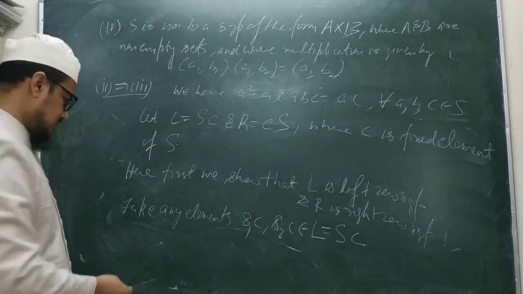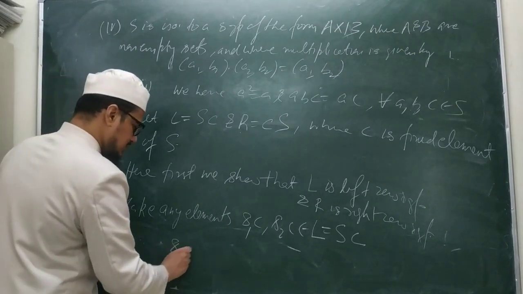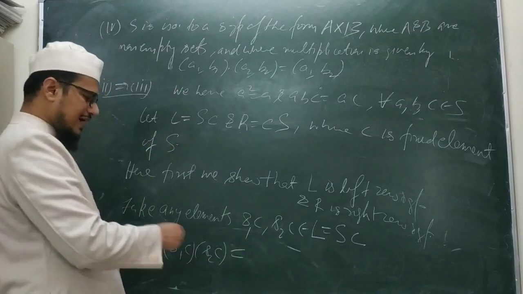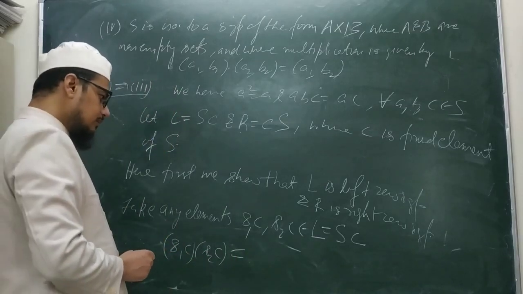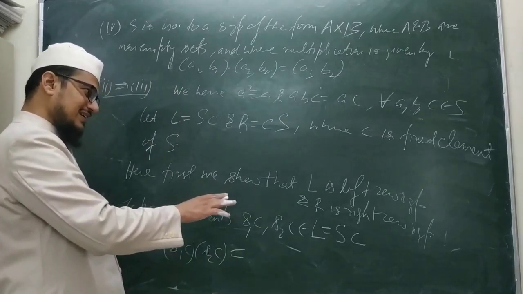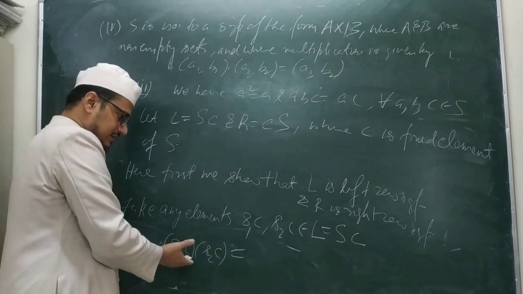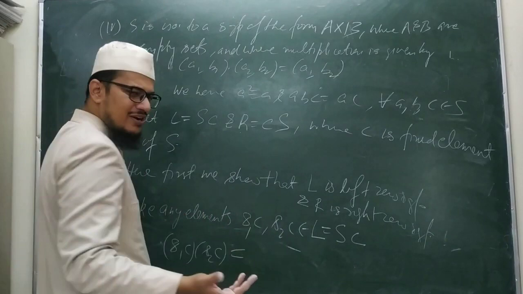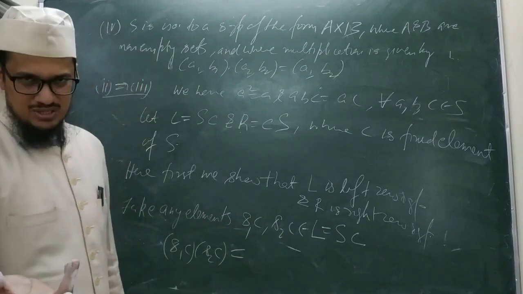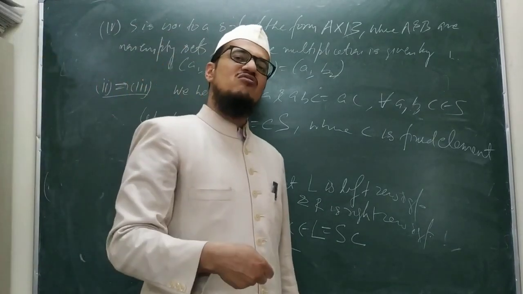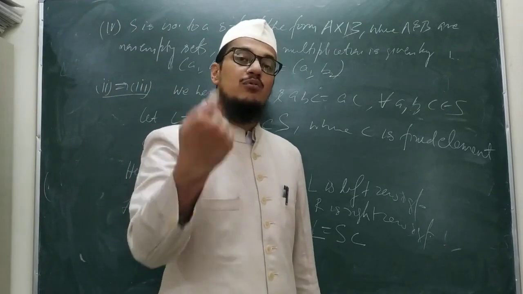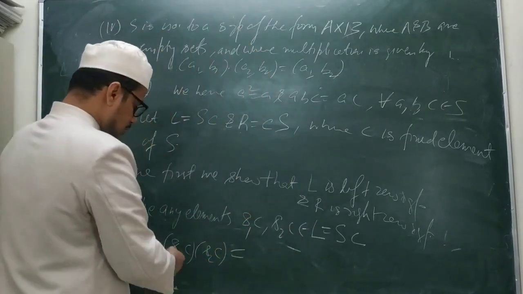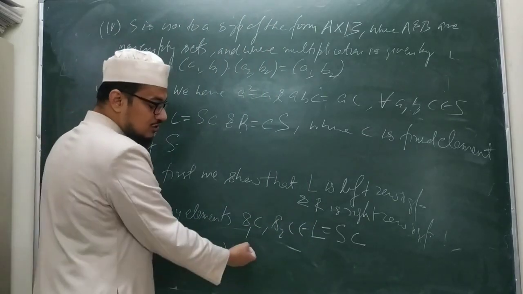Now you can just see S1C into S2C. What is the value of this? In order to prove that it is the left zero semigroup, what should come here? It should come here S1C. Then only you can say, because these two elements are arbitrary elements. What is left zero semigroup? That is AB is equal to A for every A, B belongs to S. This is left zero semigroup. So in order to prove left zero semigroup, you have to prove that S1C into S2C is equal to S1C.